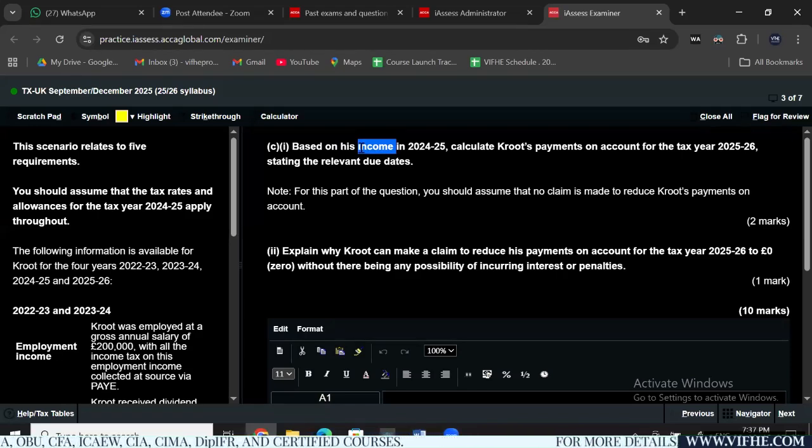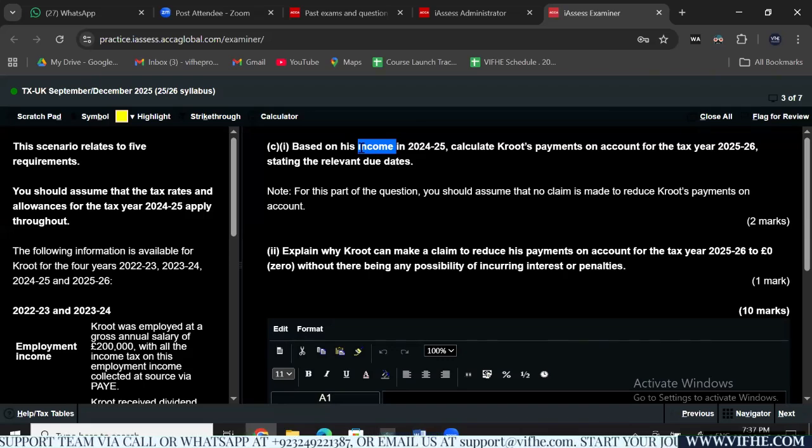And on income, obviously, what kind of tax does one have to bear? That is income tax. So just on the basis of the income he has, how much of the payment on account will he have to bear, though logically speaking, it is not just based on the income tax, rather the NIC for the previous year as well needs to be taken into account in order to calculate both the first payment on account as well as the second payment on account.